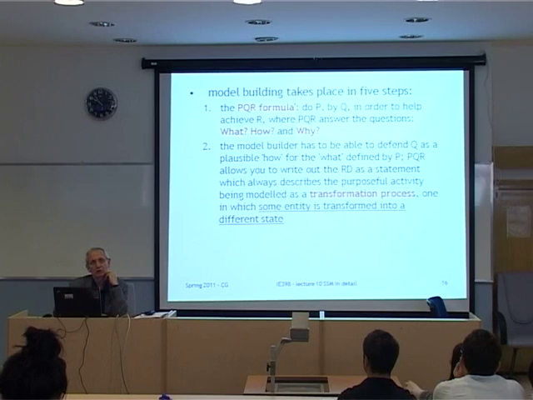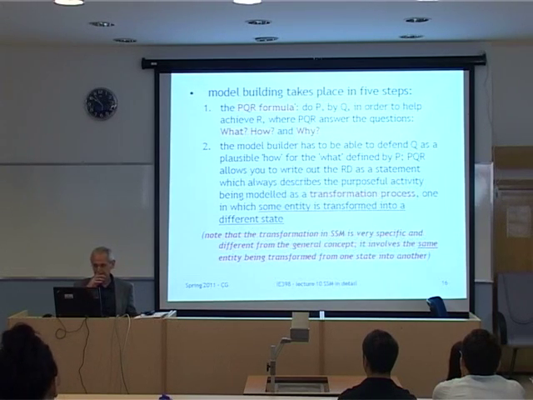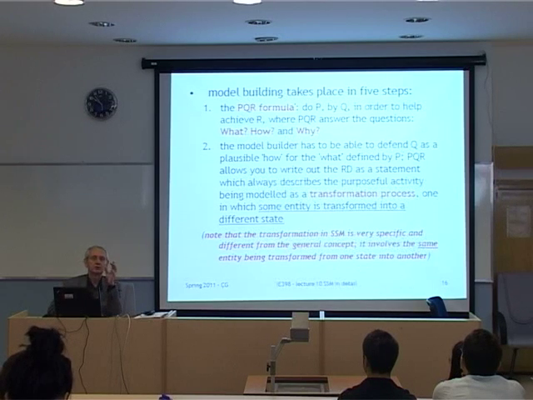The root definition of the activity, the entire activity, is best thought of as a transformation process, one in which some entity is transformed into a different state. Now, so we are going to talk about the transformation process in purposeful activity models. But this transformation process is very specific to purposeful activity models, the SSM models, these special type of models.